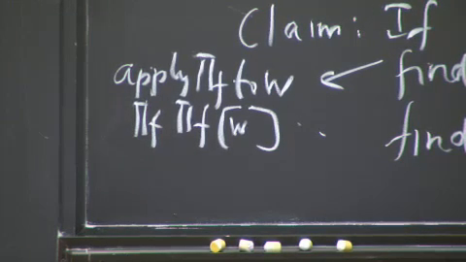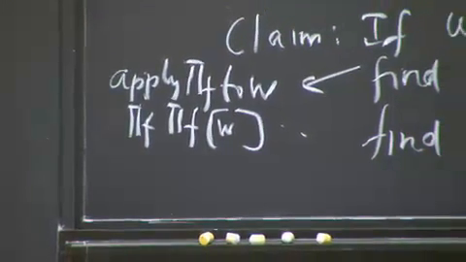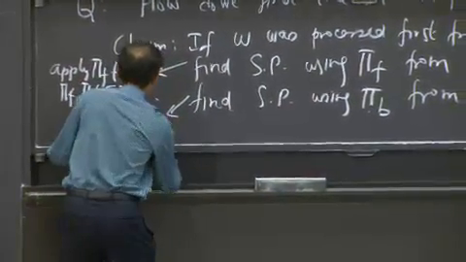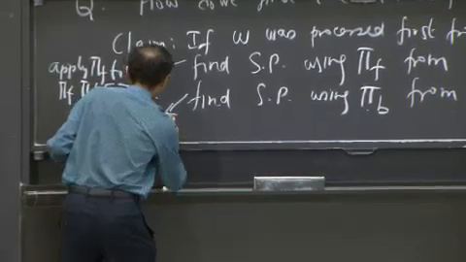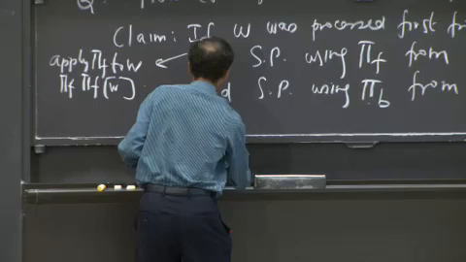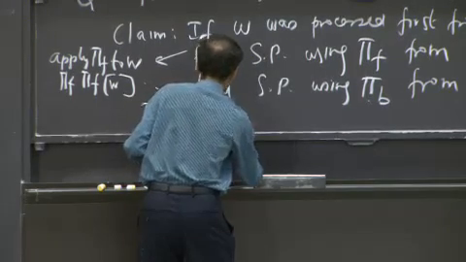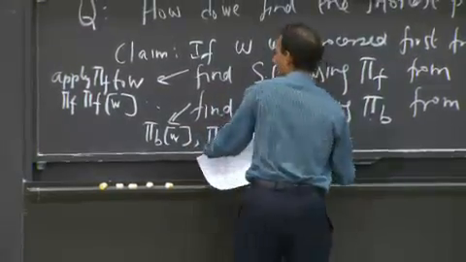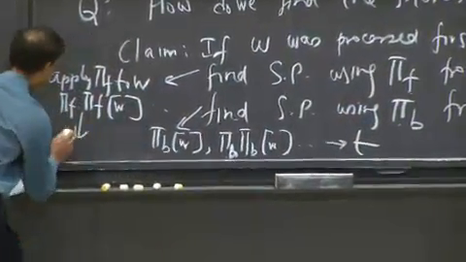People buy that, right? And what I want to do here is apply pi b to W, and then pi b to that again, and so on and so forth till I get to T, right? And this one till I get to S, right?